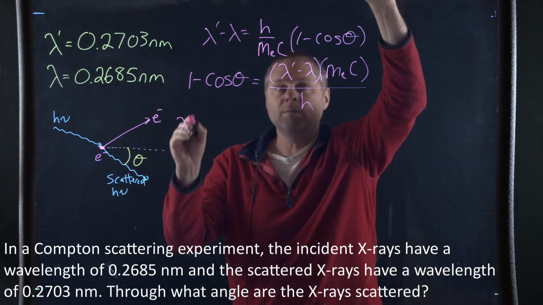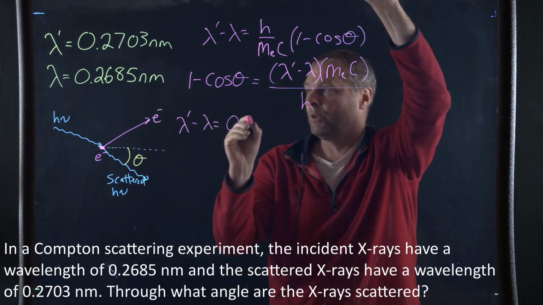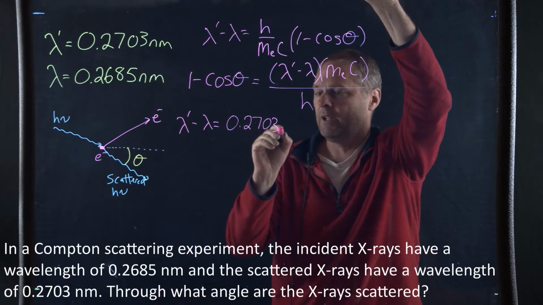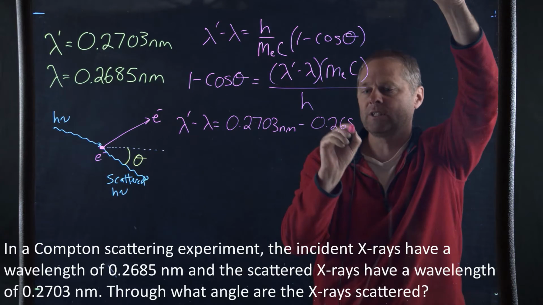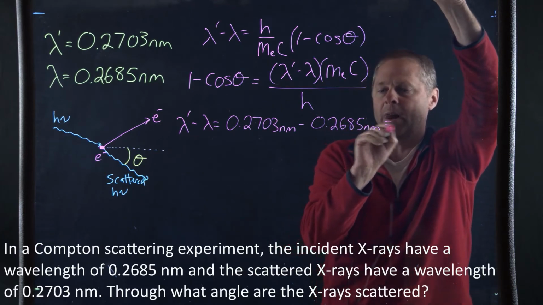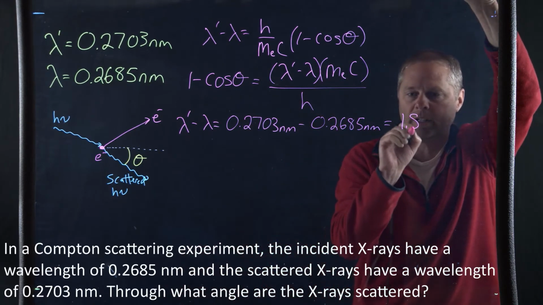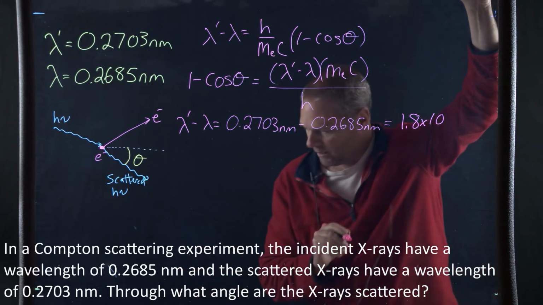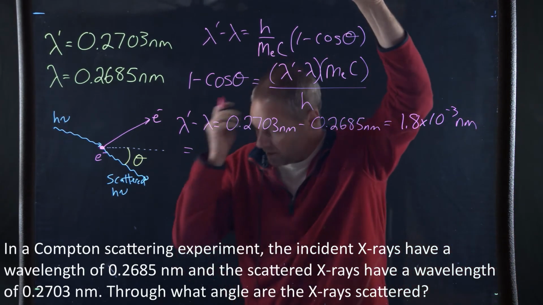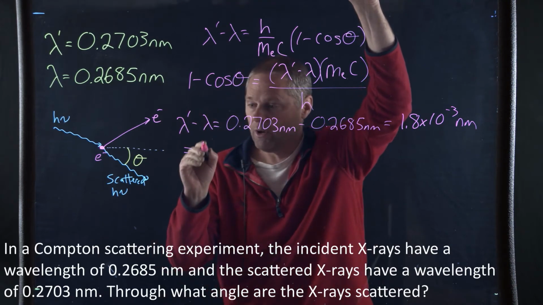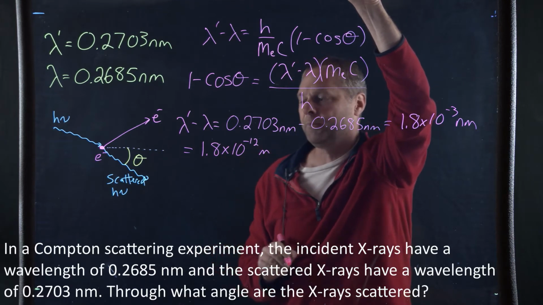Now, lambda prime minus lambda is equal to 0.2703 nanometers minus 0.2685 nanometers, and that is equal to 1.8 times 10 to the negative 3 nanometers, which, converting into meters, is 1.8 times 10 to the negative 12th of a meter.